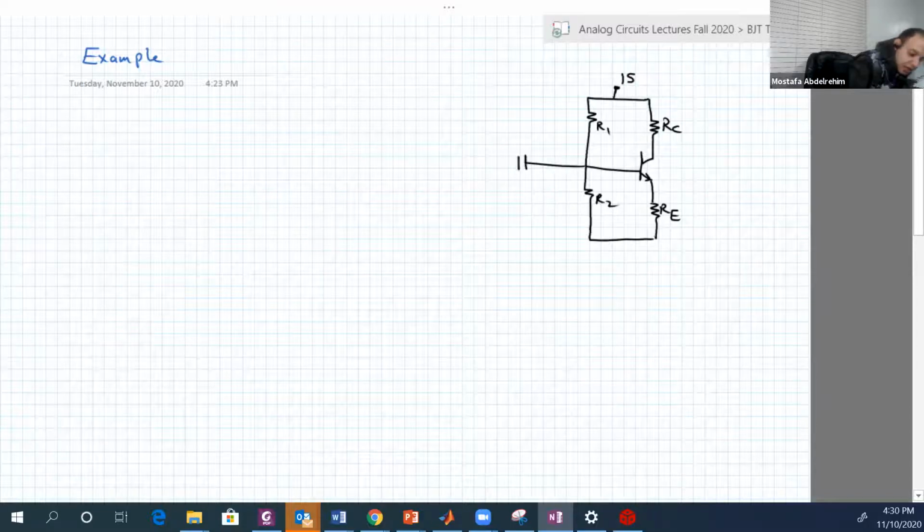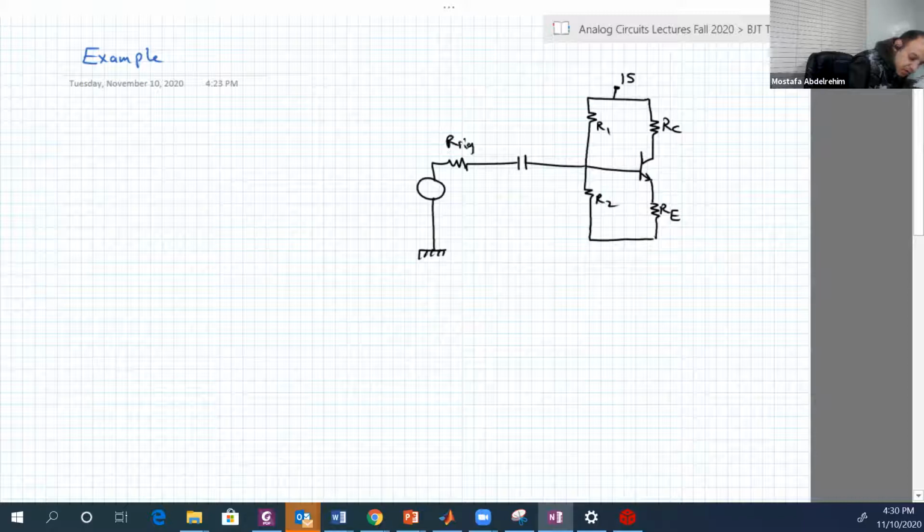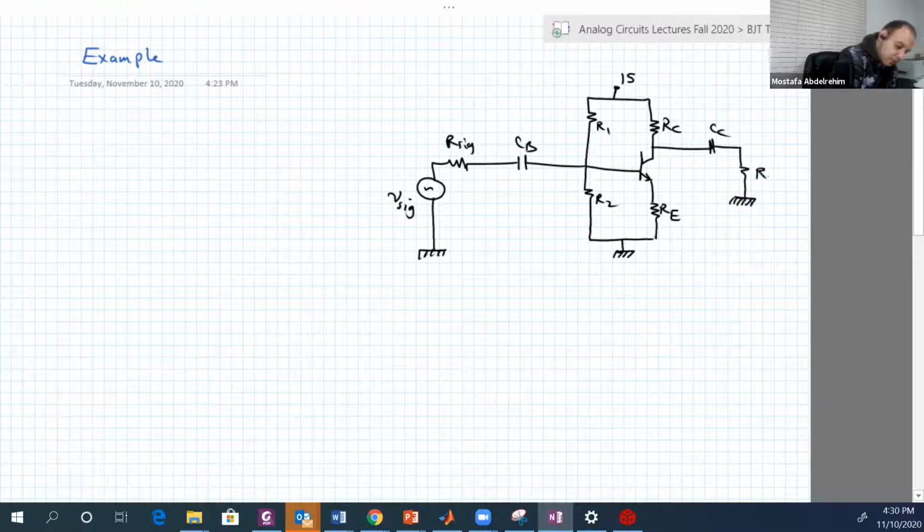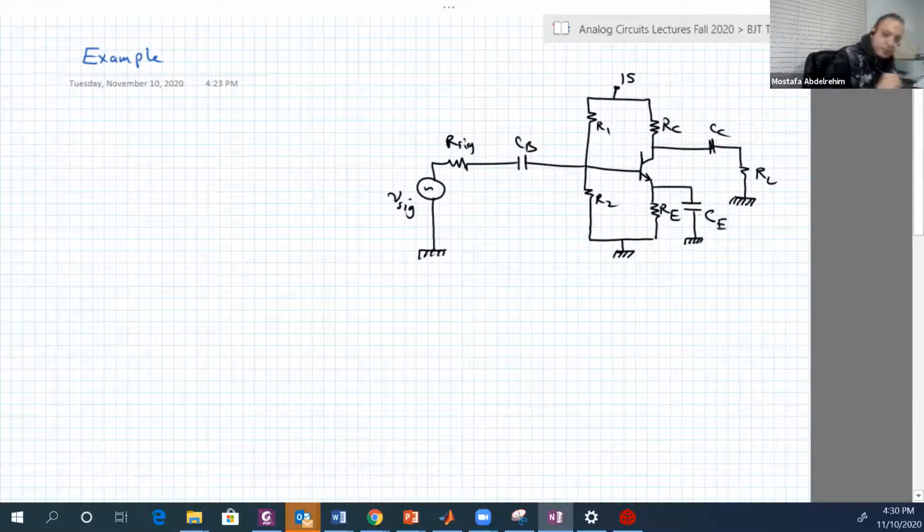Then we have a resistor and a capacitor, R signal and V signal. Then we have here CB, CC, R load, and we have here a capacitor, CE. This is another approach.